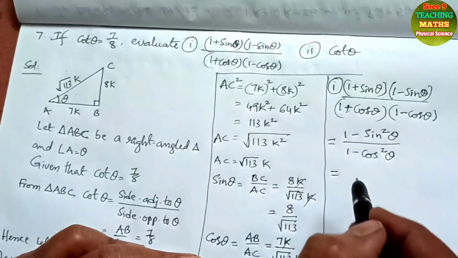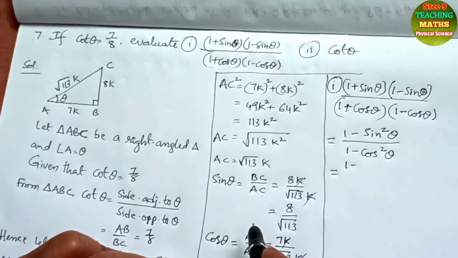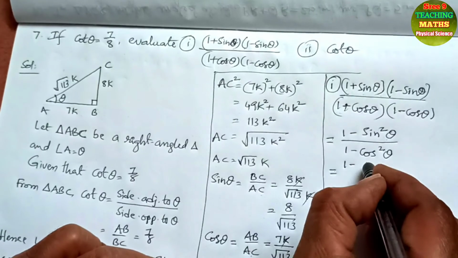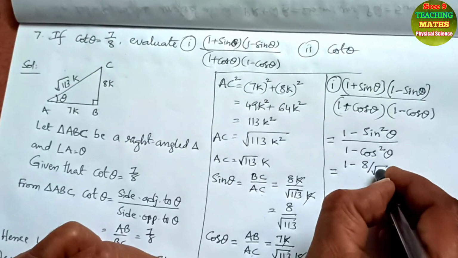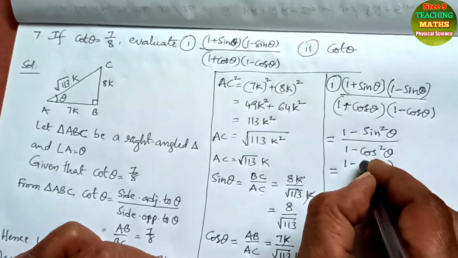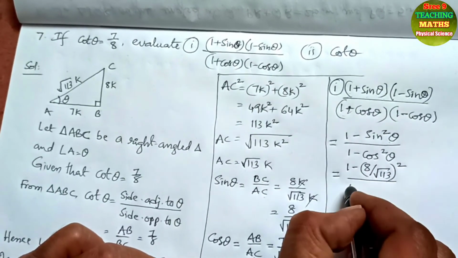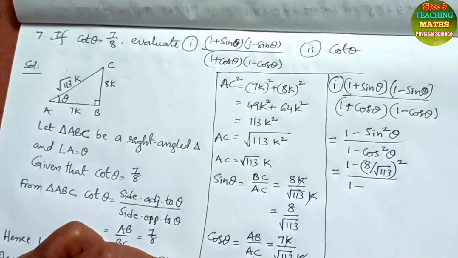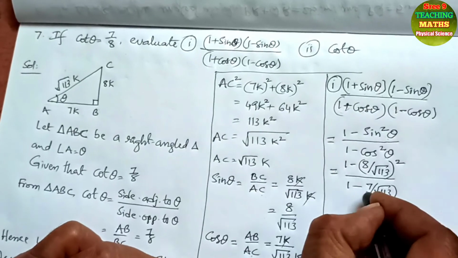Now substitute the values. 1 minus sine theta value, we got 8 by root 113, whole square. This is the sine theta value, and 1 minus cos square theta, where cos theta is 7 by root 113, whole square.